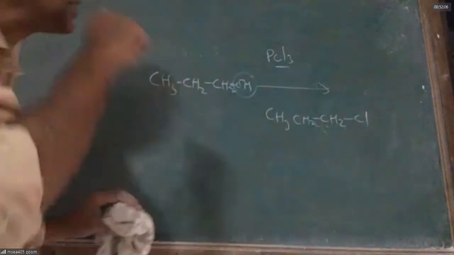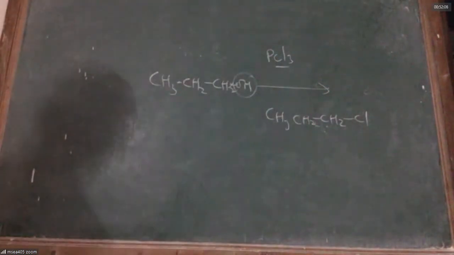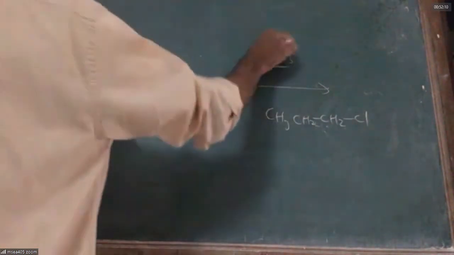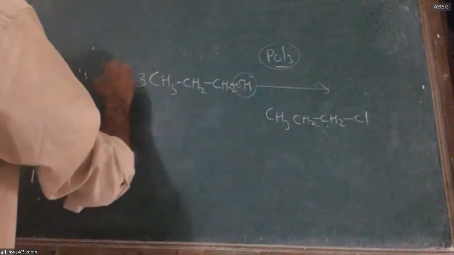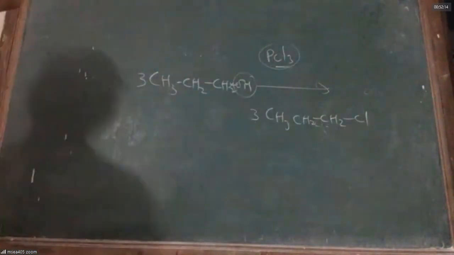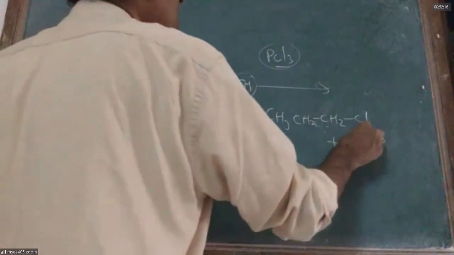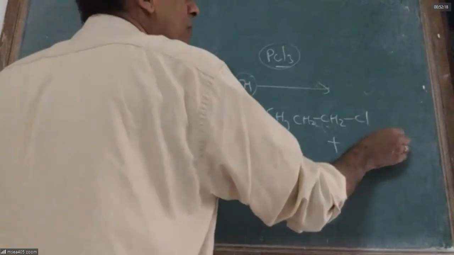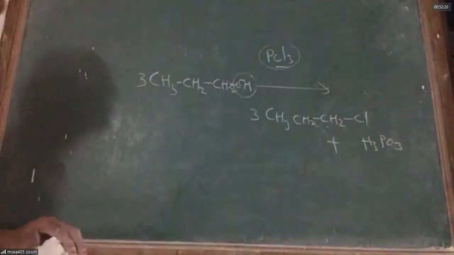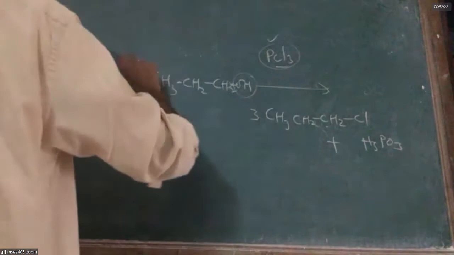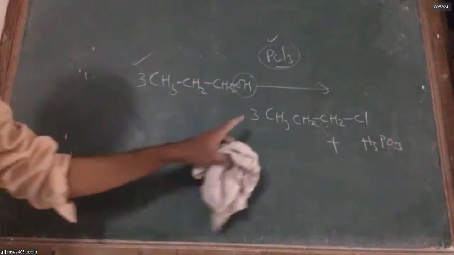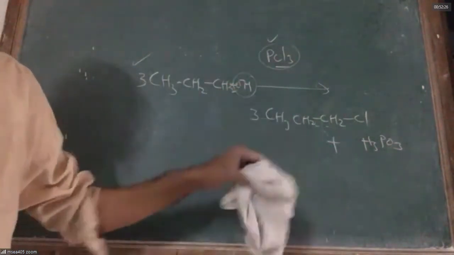In fact, it is a method of preparation of alkyl halide. We know that PCl3 has 3 Cls, so 3 moles of alcohol react to give 3 propyl chloride plus H3PO3. Always 1 mole of PCl3 reacts with 3 moles of alcohol to give alkyl halide. It is a method of preparation of alkyl halide.